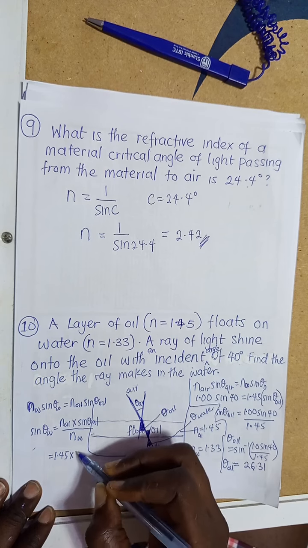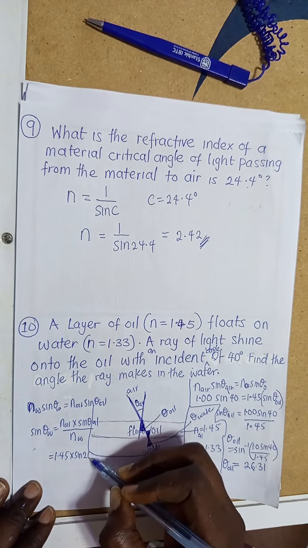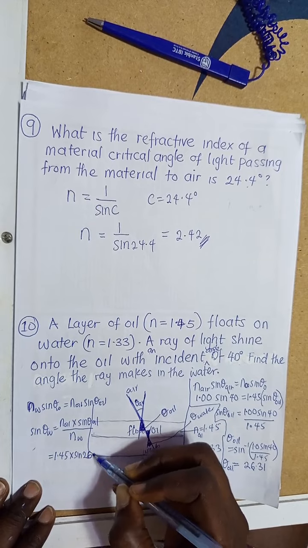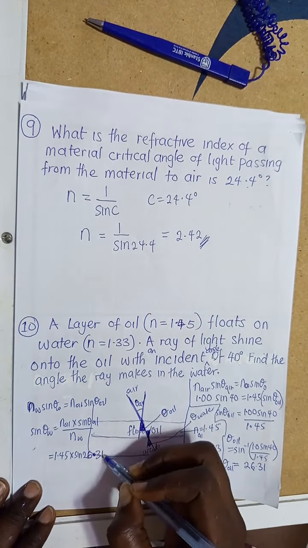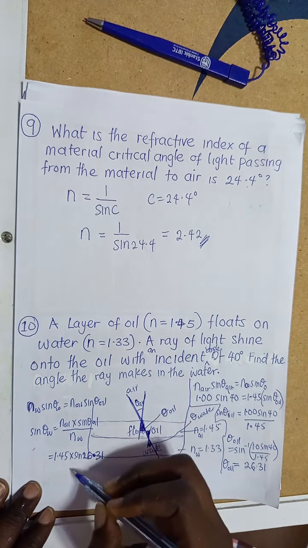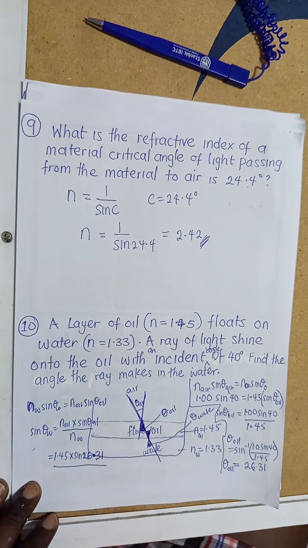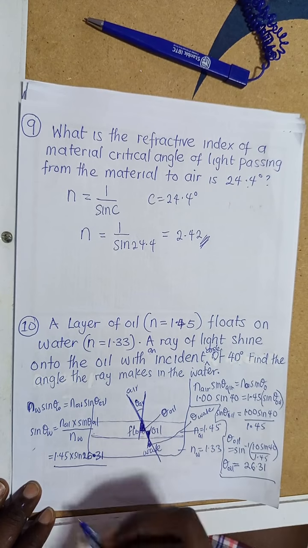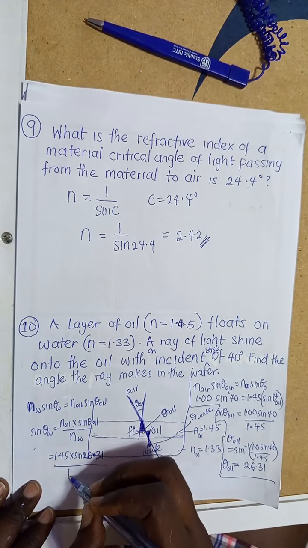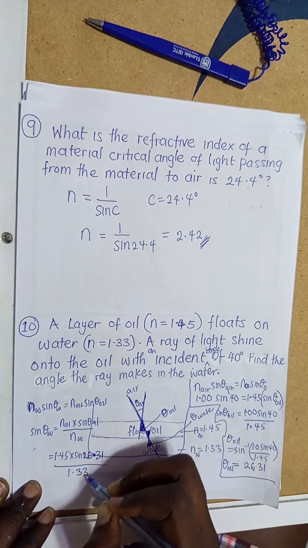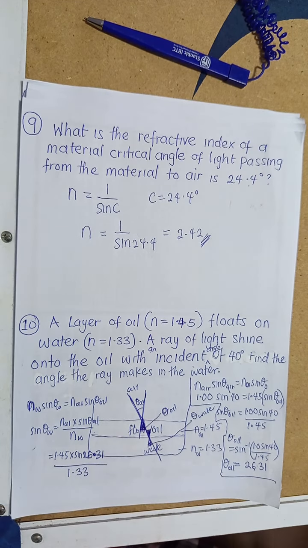So if you do that now, what do you have? 1.45 times sine 26.31 divided by 1.33. So what I want to have now is the answer times 1.45 divided by 1.33.